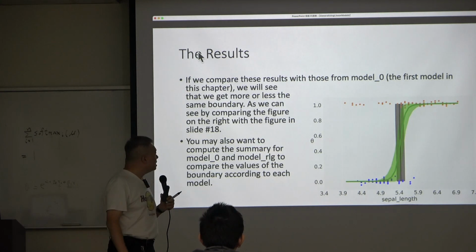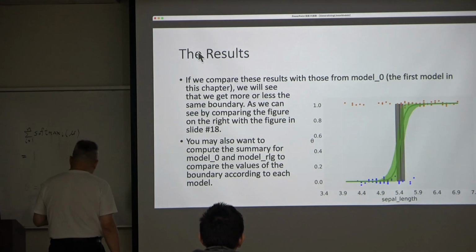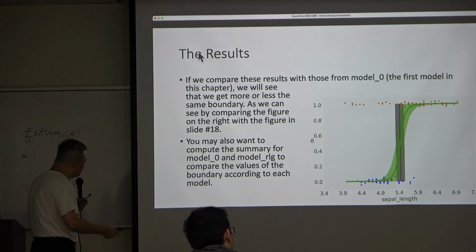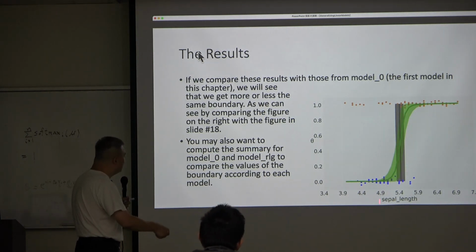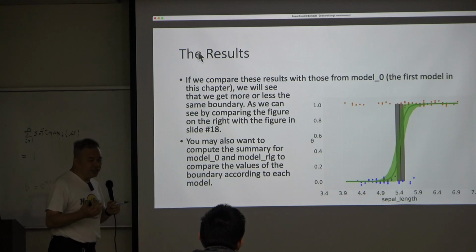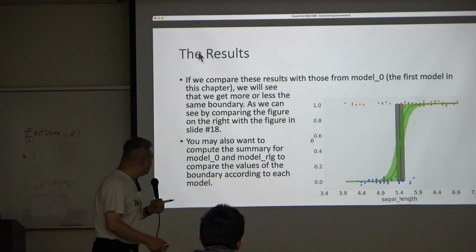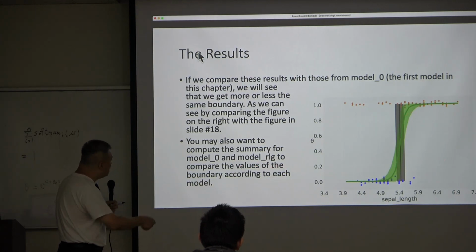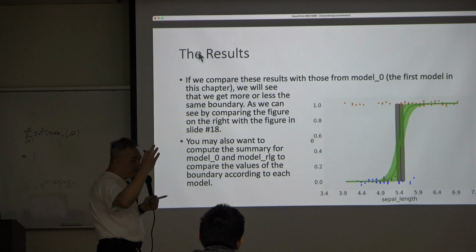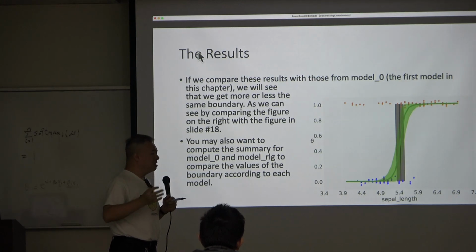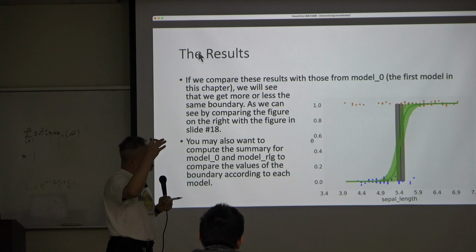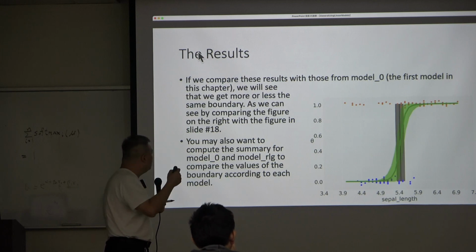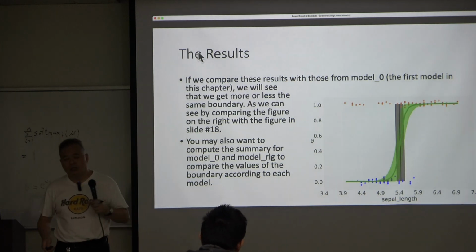So this robust logistic regression, the mixture model, is able to recover the correct boundary without being affected by the outliers that much. So this is a very good result. You can compare this one with the one we had previously without those outliers, and you will see that the impact of the outliers is minimized in this result.